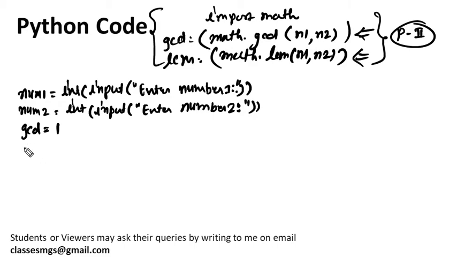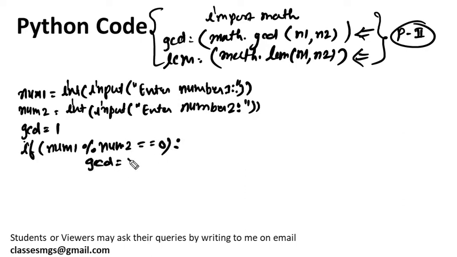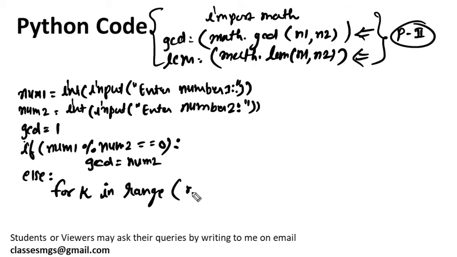And now what you can do: if number 1 is directly divisible by number 2, then GCD is number 2. Otherwise we will write the for loop, for k in range from number 2 down to 1 minus 1, step is minus 1.